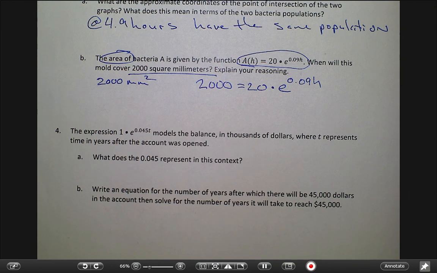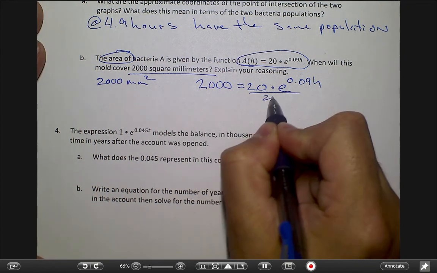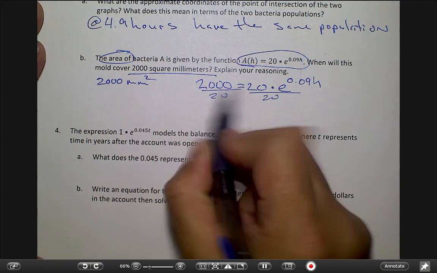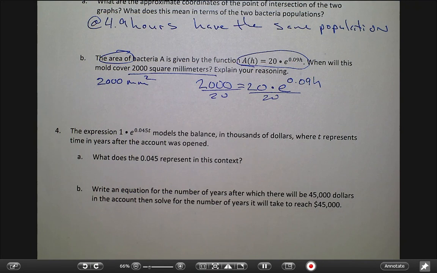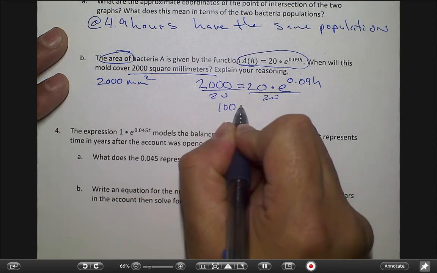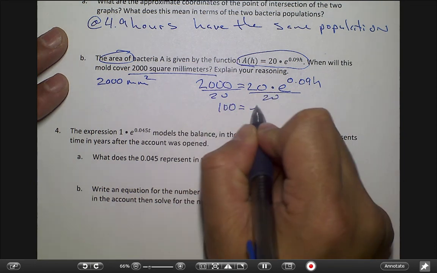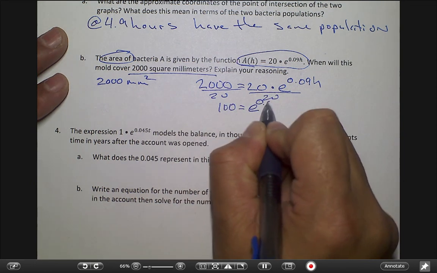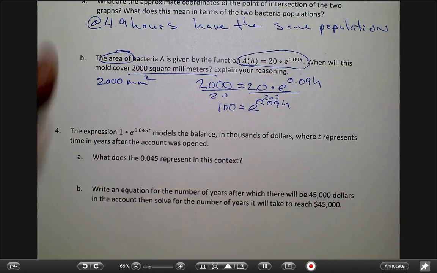Okay, so what do we got to do to solve for it? Divide by 20. So I should get 100 equals e to the 0.09h. Very good.